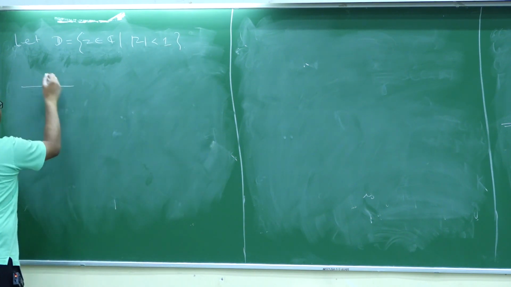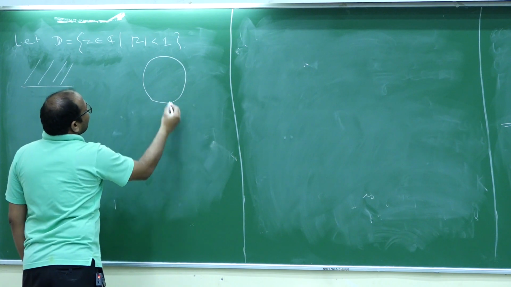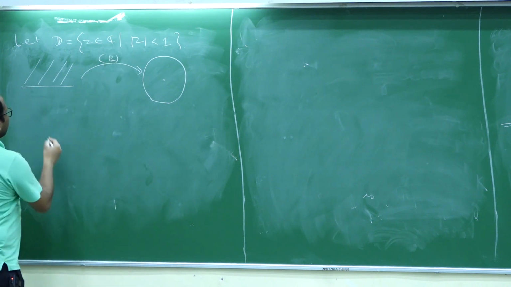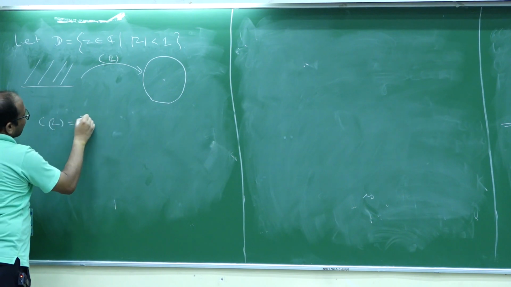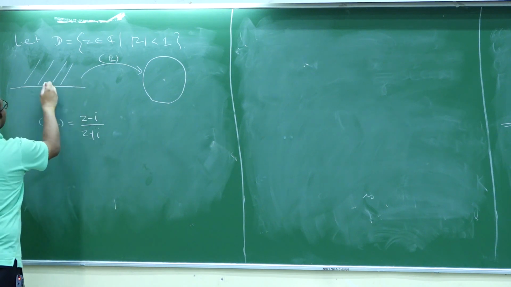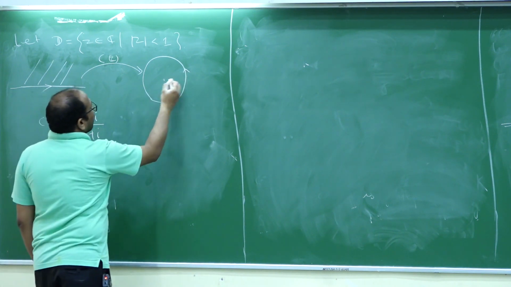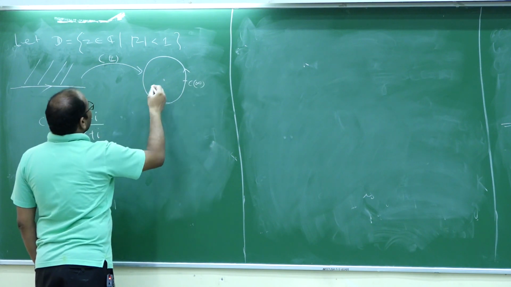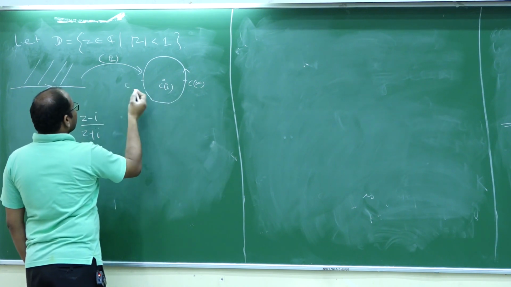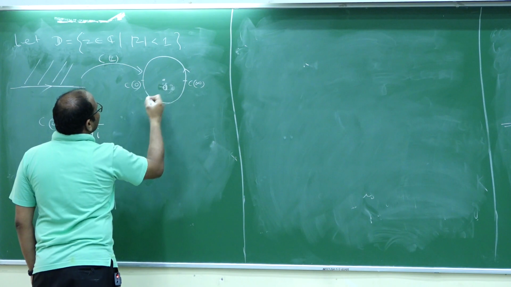So this is the upper half plane, and from this upper half plane to the unit disk there is a map C of Z equal to Z minus I over Z plus I. This will map the boundary, the real line, to the boundary of the disk. This point is C of infinity, this is C of I, and C of I is equal to 0.